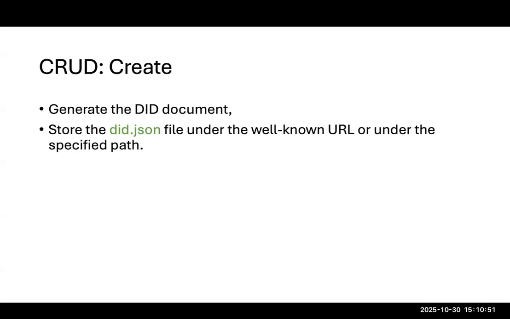So this method does not consider all the authentication and authorization functions that whoever is hosting the service, the owner of the server, for example, must put in place to control who is going to store the DID document in this VDR.